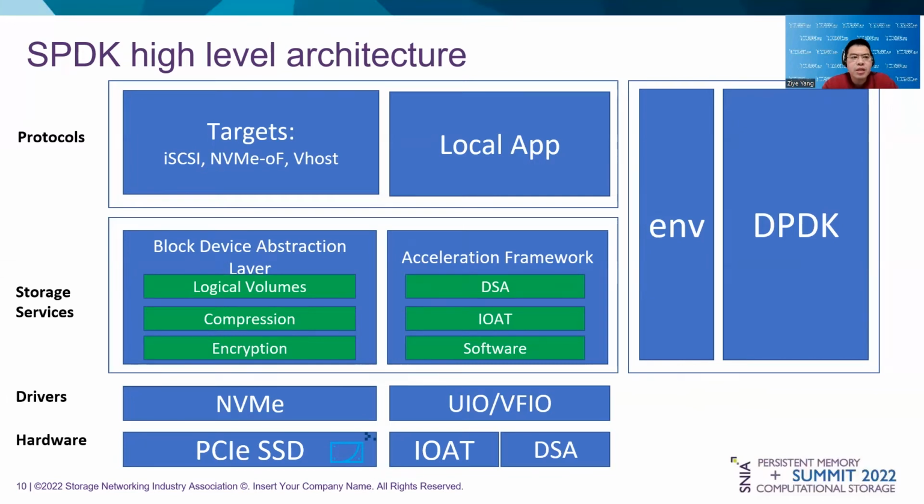And in the upper layer, SPDK provides several reference implementations of high performance storage application demos, such as the SPDK iSCSI target or SPDK's NVMe over Fabrics target POC or reference solution, which utilize all the SPDK libraries, such as the block layer or the lowest NVMe driver.